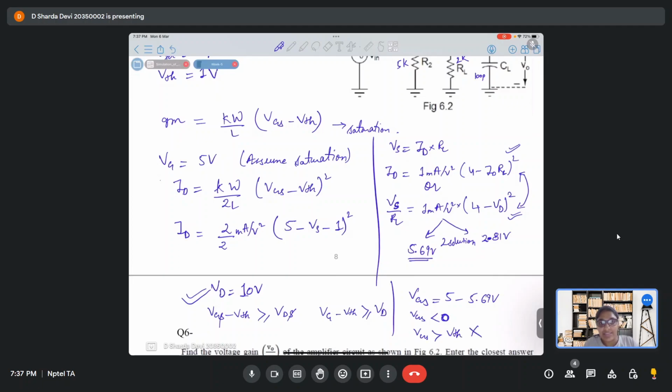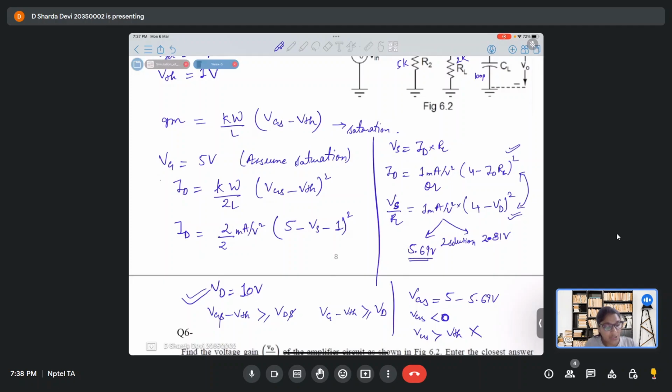Correct? You remember once when we started MOSFET and we were talking about the conditions for saturation, I always said that you have to check the conditions. There are two conditions that you have to always check.